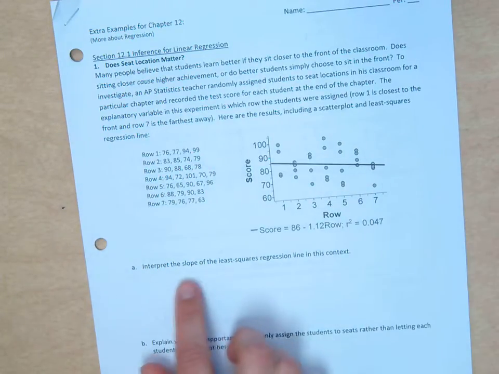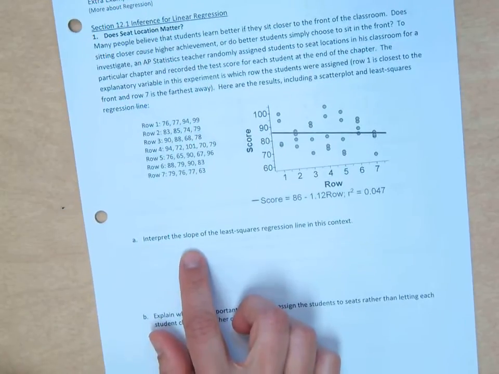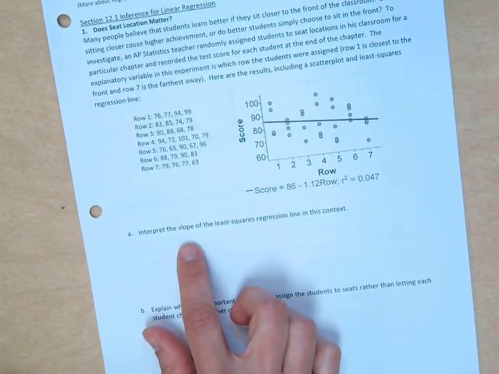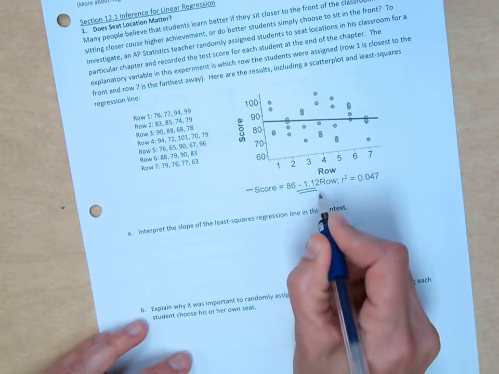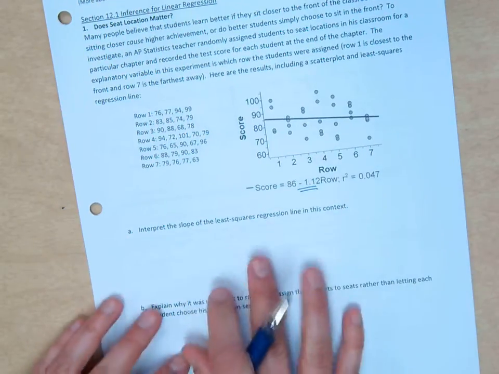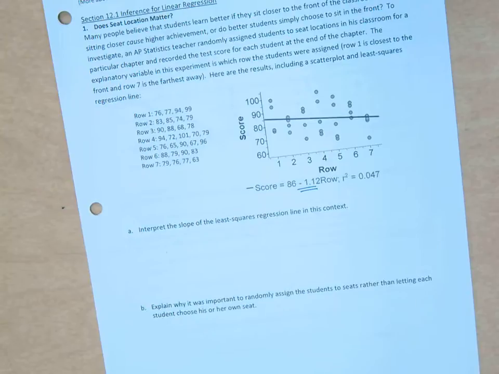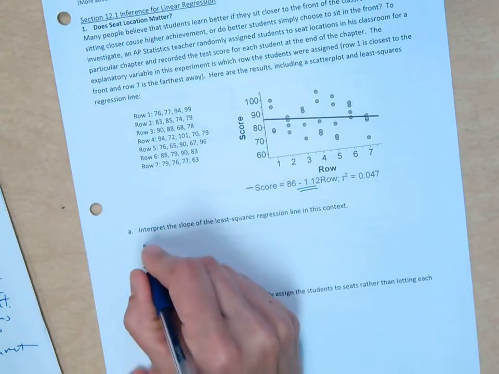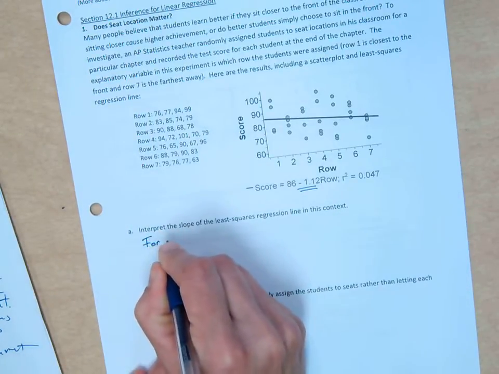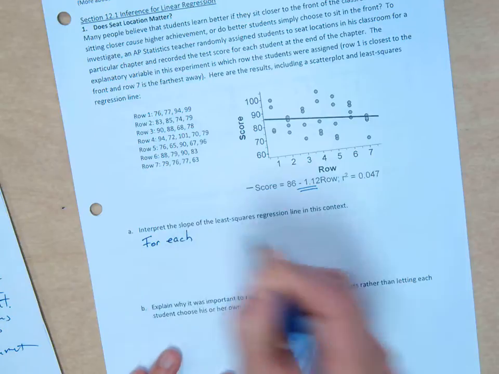Let's interpret the slope first. What is the slope? Negative 1.12. We need to interpret that in context. What does that mean? For each what?